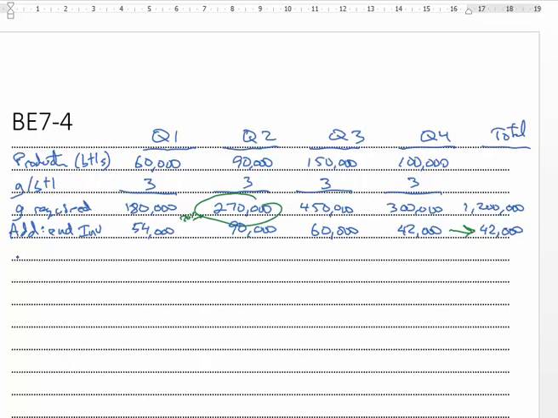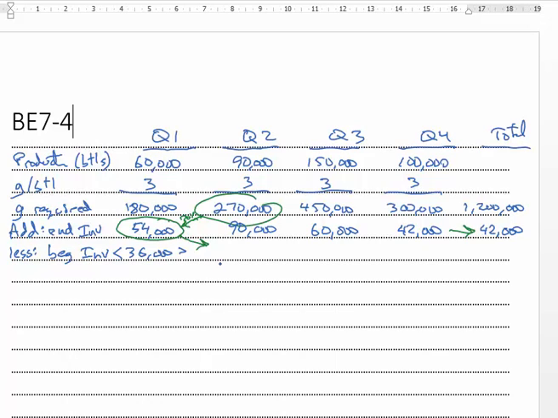Okay, next step is less beginning inventory. And where does the beginning inventory come from? The first one we were told there were 36,000 grams on hand. And then we know that the beginning inventory for one quarter is equal to the ending inventory of the previous quarter.